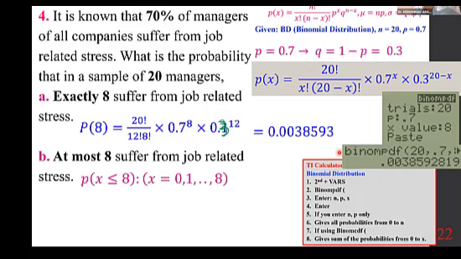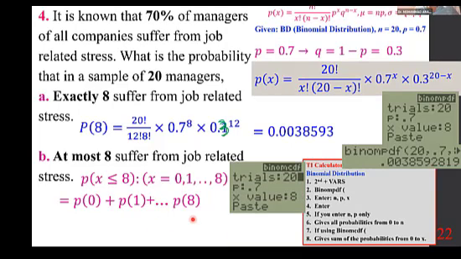At most, 8 suffer from job-related stress. X is less than or equal to 8, which means if we were to use this formula, we have to plug in 0, 1, 2, all the way to 8. Needless to say, that is very tedious. But if you write this and the meaning of it, which is simply this, probability of X less than or equal 8 means this, you can use technology.